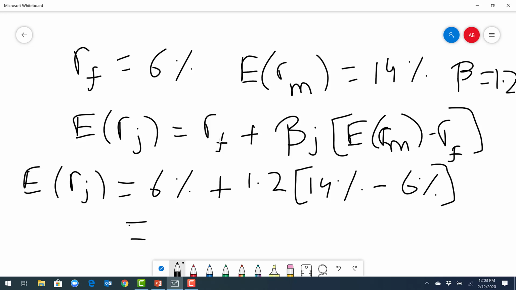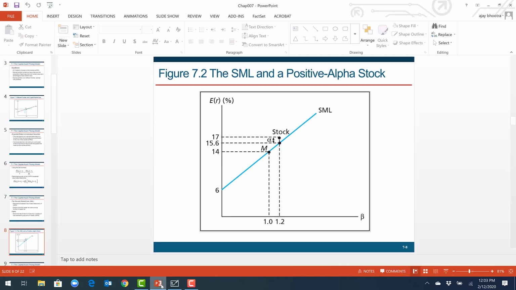Right, and what would that be? So that's 12 times 8 is 96, so 9.6 plus 6, 15.6%. All right, so the expected return on this stock with a beta of 1.2 would be 15.6%.